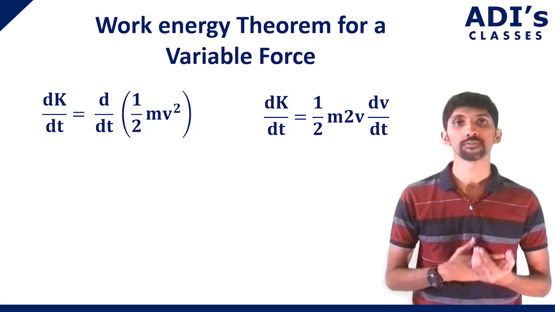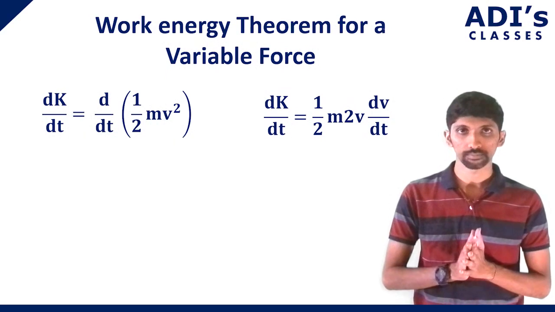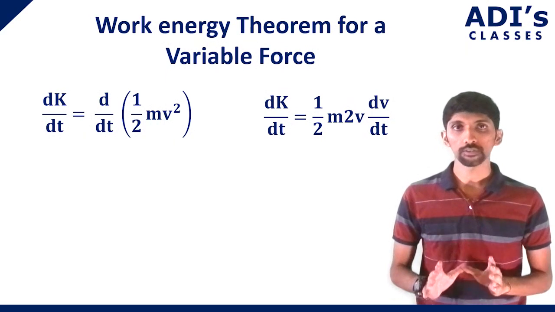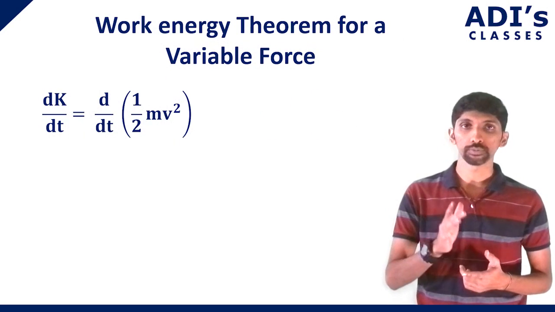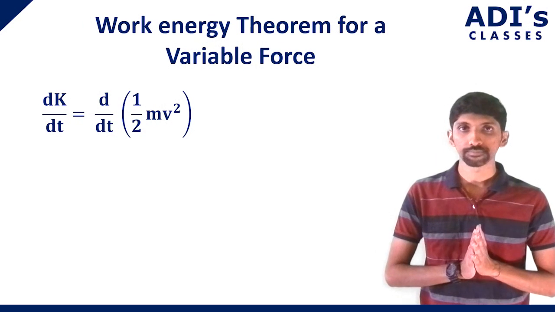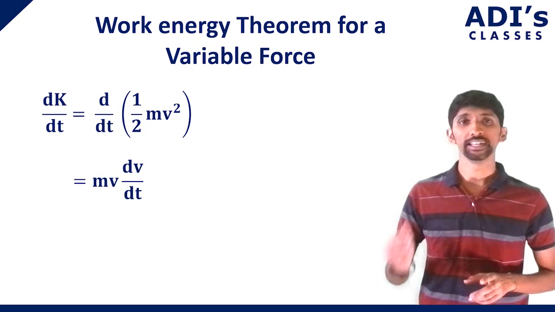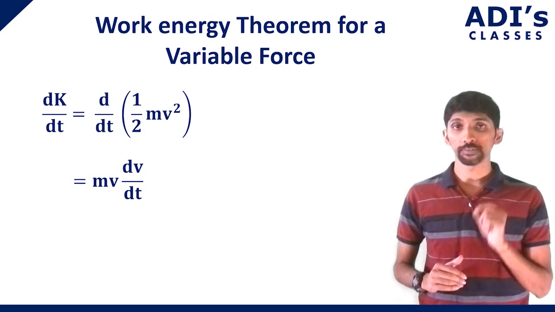This is the way of doing a differentiation; you will learn that in the next video. For now, think of it this way: whenever you differentiate v square, we get 2v into dv by dt. Now 2 and 2 cancel, so you end up with dK by dt equal to mv into dv by dt.